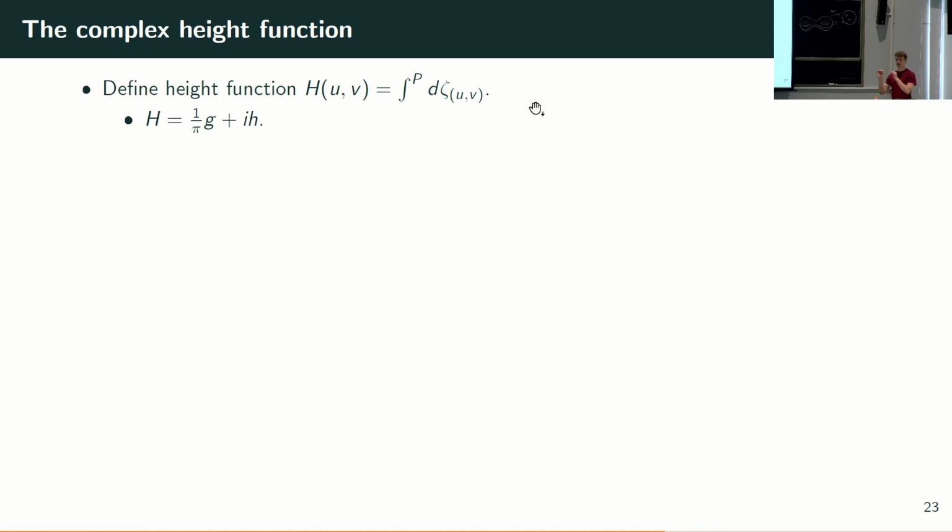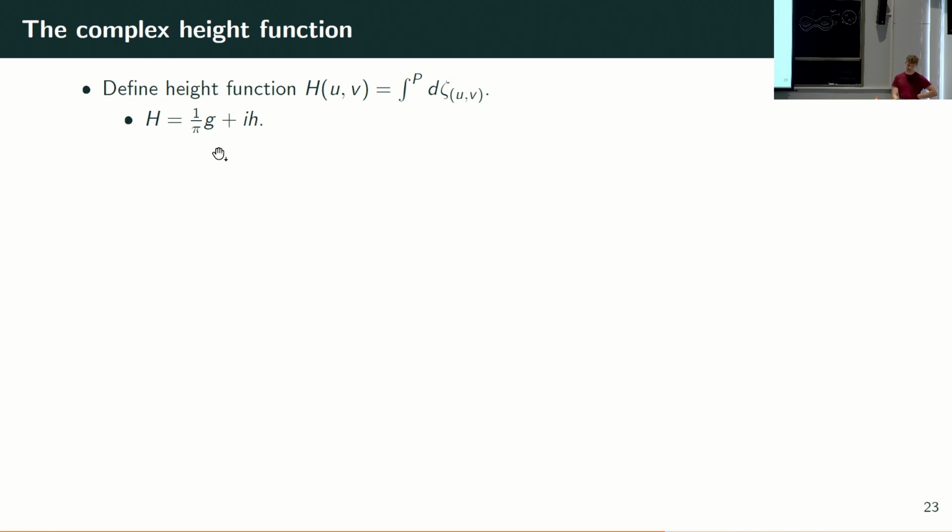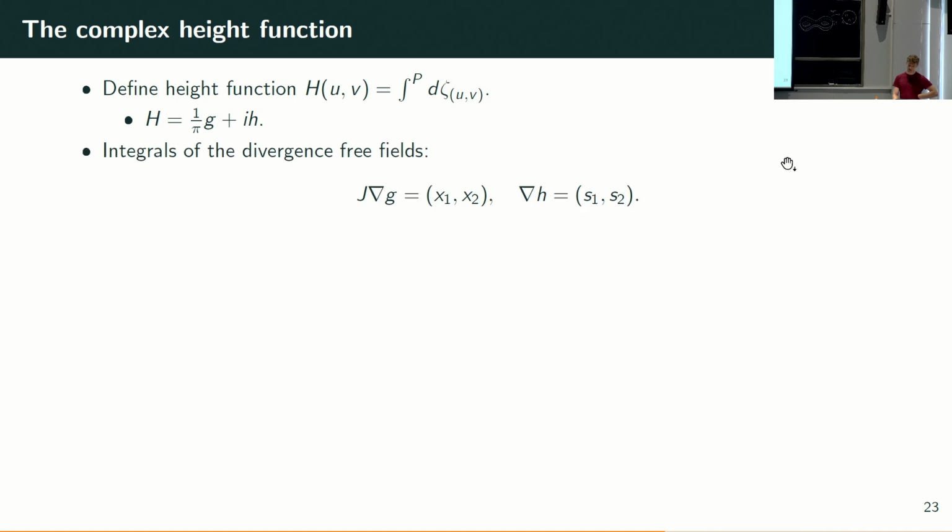Here, this is not actually a meromorphic function, because there's a subtlety: the p and the uv are not independent. In that sense, this is not actually meromorphic, but this defines the complex height function. Then denoting the real part and the imaginary part as h, we see that these functions are exactly the integrals of these x and s fields that we saw.